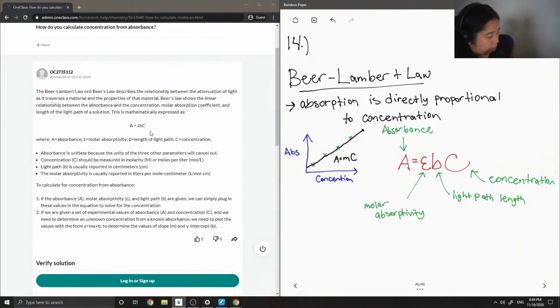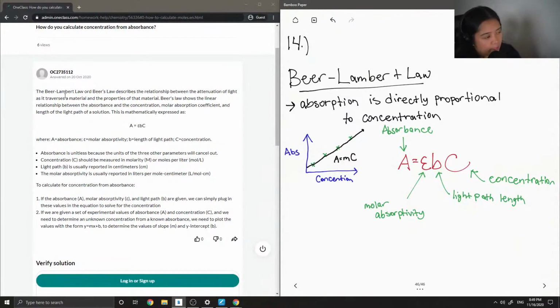So let's see what the junior tutor said. The Beer Lambert law, or Beer's law, describes the relationship between the attenuation of light as it traverses a material and the properties of that material. Beer's law shows the linear relationship between the absorbance and the concentration, molar absorption coefficient, and length of the light path of a solution.